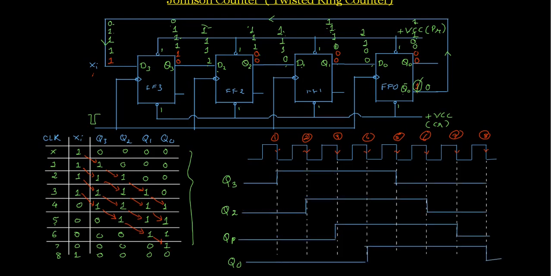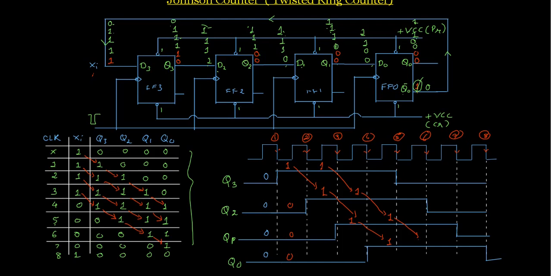So this is the complete waveform of a Johnson counter, and here you can see that initially all are in reset condition. Then the high level is transferred to here, then to Q0. Whatever high level was here is transferred to Q2, then to Q1, then to Q0.